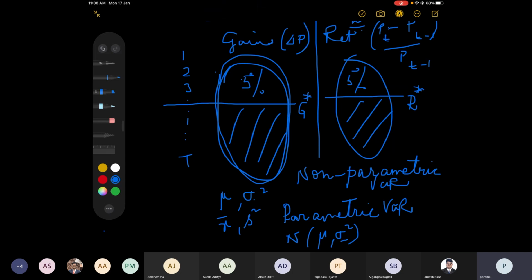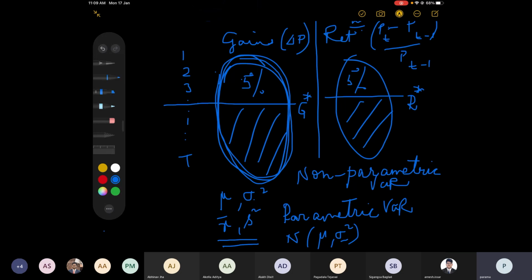The moment we come to x bar and s square, you should remember that these depend largely on the sample that you have chosen. One of you might have chosen the past 5 years of data, which would include the pandemic, but somebody might have taken the last 20 years of data, which would include other bad times, the 2008 meltdown and all that.